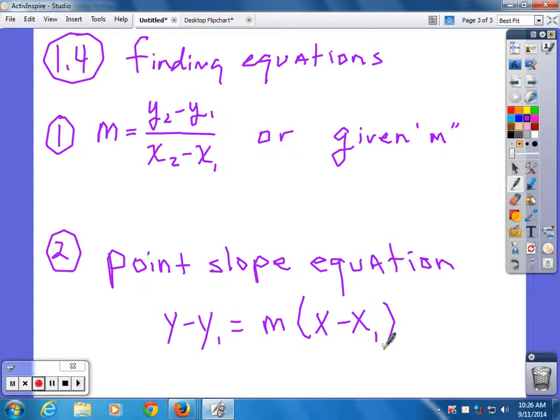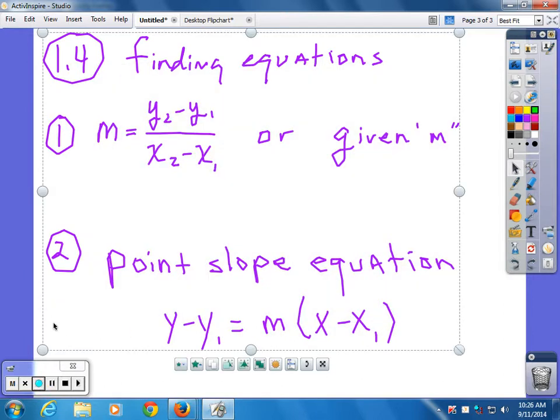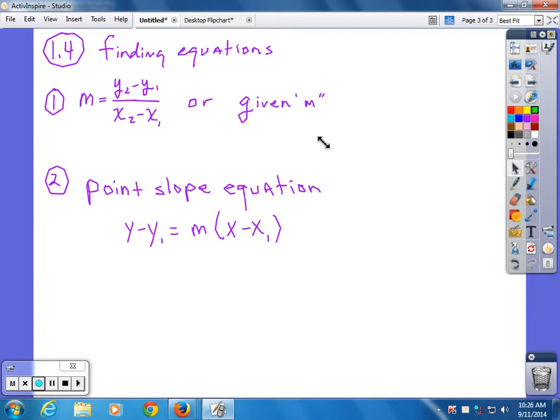Now that is the two things that you need to find an equation of a straight line. Now, there's three types of problems you're going to get when you need to find the equation.